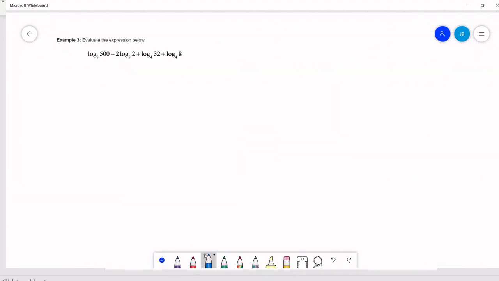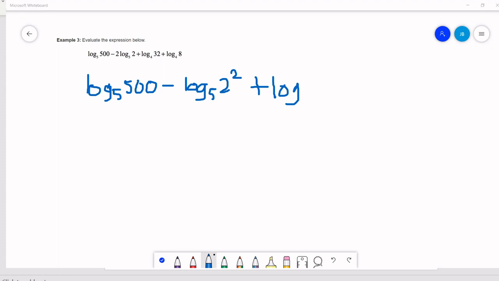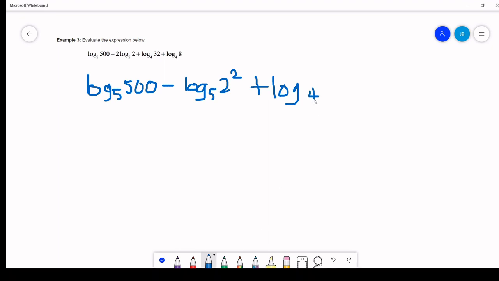So this is equivalent to log 5 of 500 minus log 5 of 2 squared, plus log 4 of 32 plus log 4 of 8.